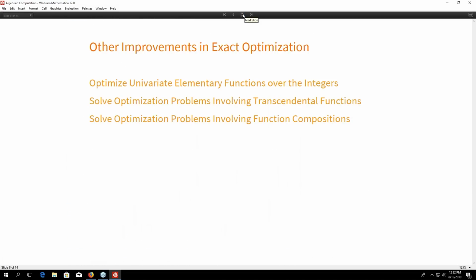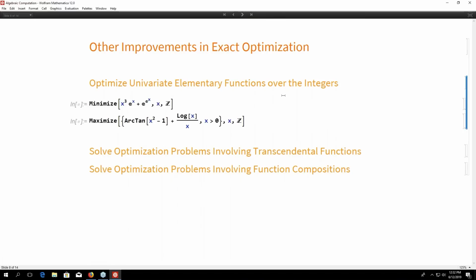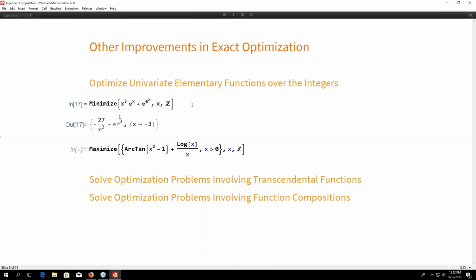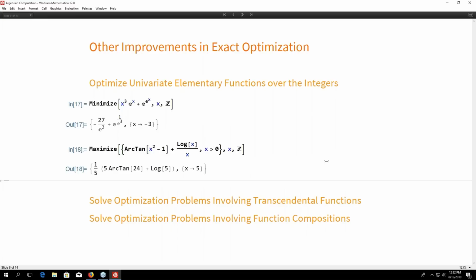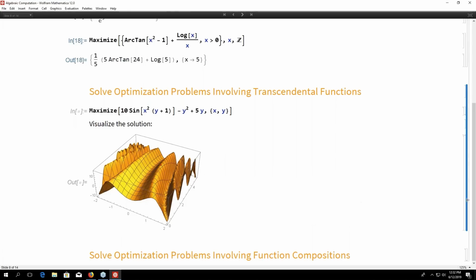Okay, other improvements in exact optimization. We can optimize univariate elementary functions over the integers. For instance, this function, here is the optimum, or a function involving arctan and log. Now here is an optimization problem involving transcendental functions with 2 variables.